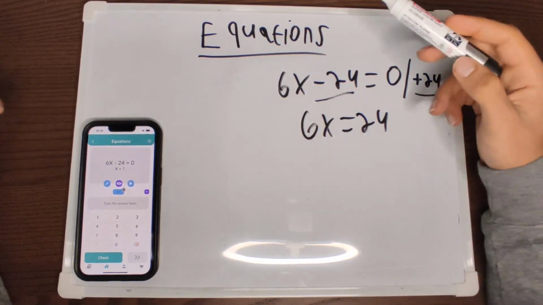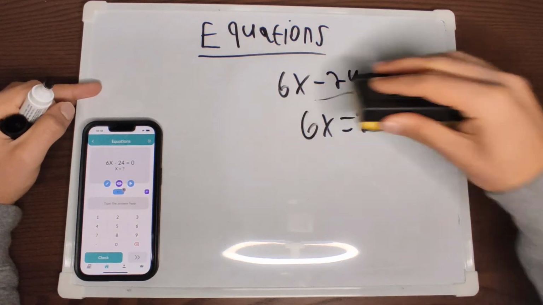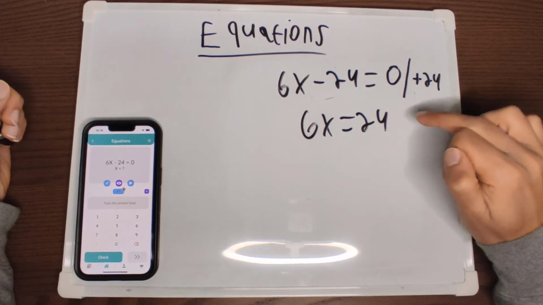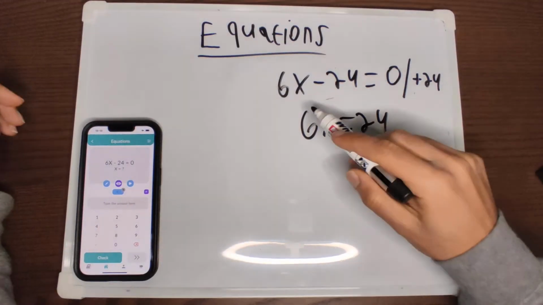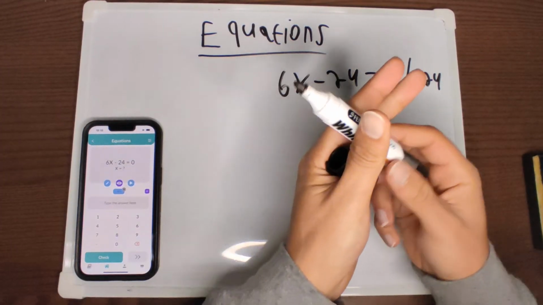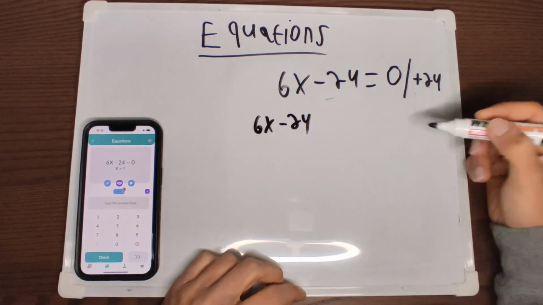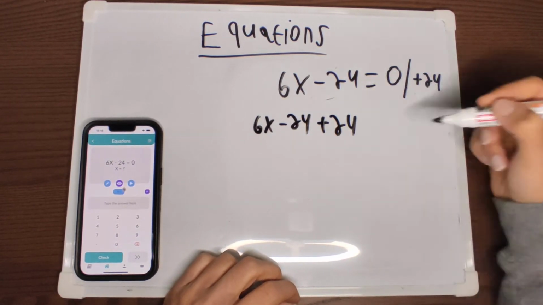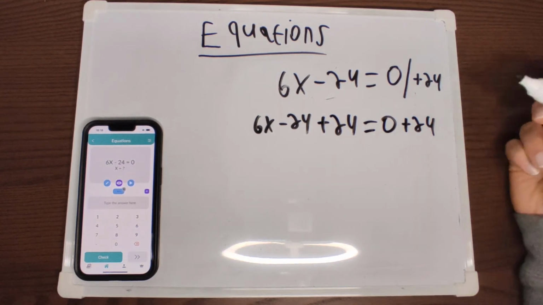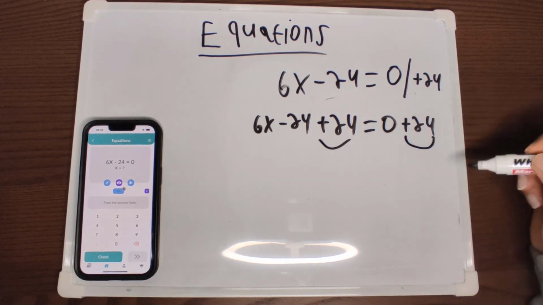That's why it disappeared. The 24 that was here actually moved to this side. Let's write down the whole process. We have added: 6x minus 24 plus 24 equals 0 plus 24. That's what we did. We have added 24 to both sides.